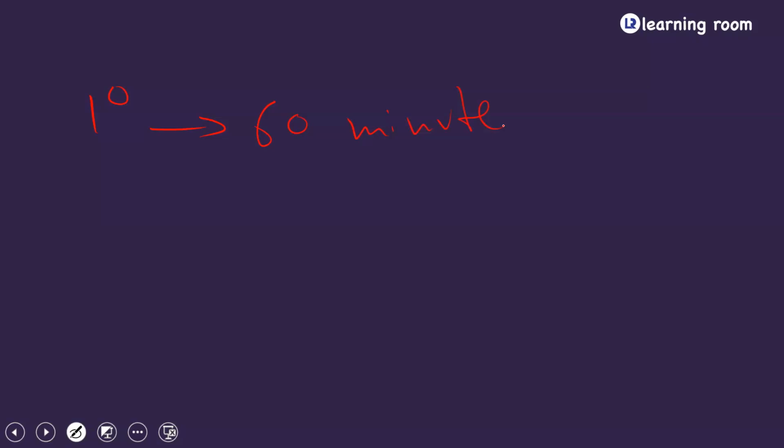It is denoted by 1 dash, and 1 minute can be broken down into 60 seconds. This is not time. This is a unit of degrees. It is just called the same thing.